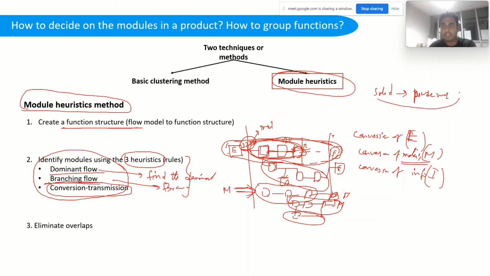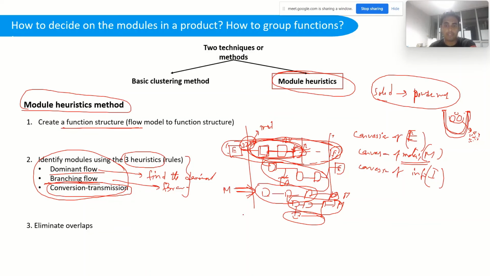That particular section which converts a solid material to a powder material can be considered a separate module. For example, the mixie grinder, the top part. This is the section where a solid food material is converted into powder form. So there you can consider this as one module unit.